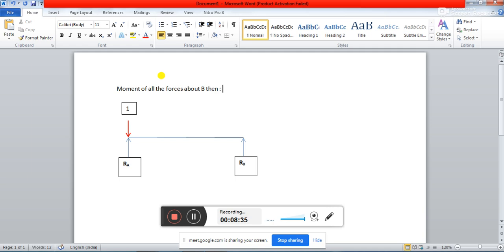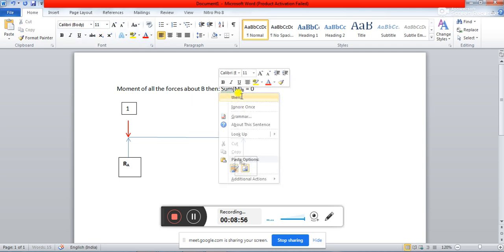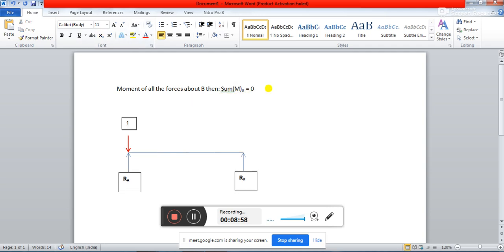According to the equilibrium equation, the sum of all the moments about B should be equal to 0. So if you take the sum of moments about B equal to 0, what will be the equation coming?